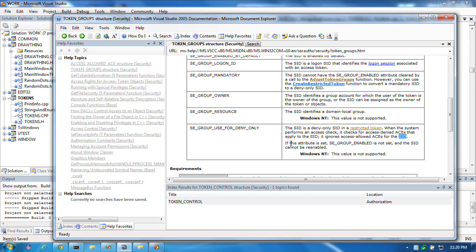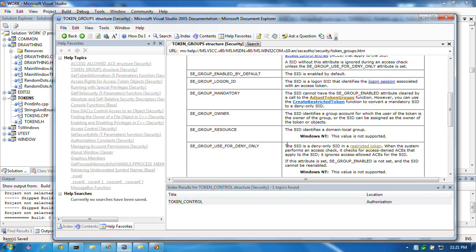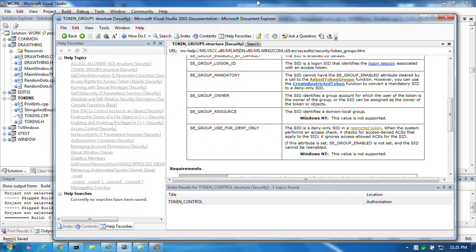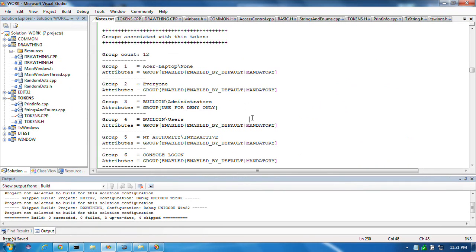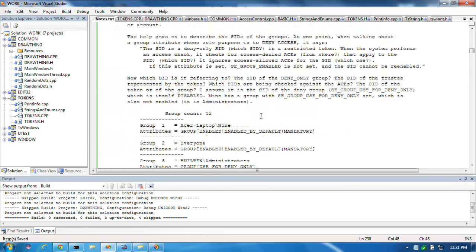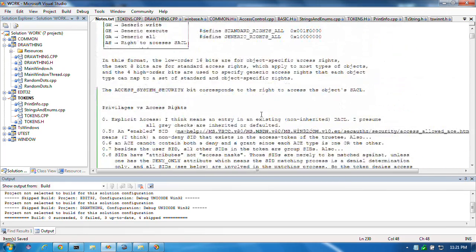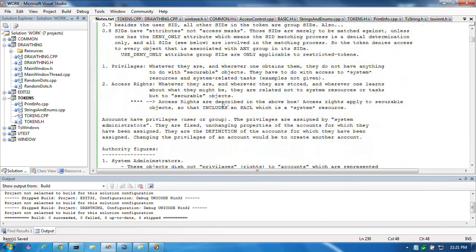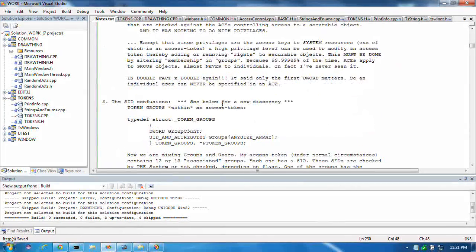But I found another in the MSDN online. There was some clarification. Finally, some clarification came along where it at least made it a little bit clearer. Where did I put that?